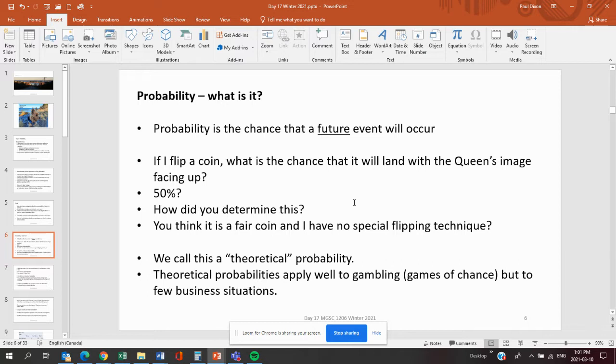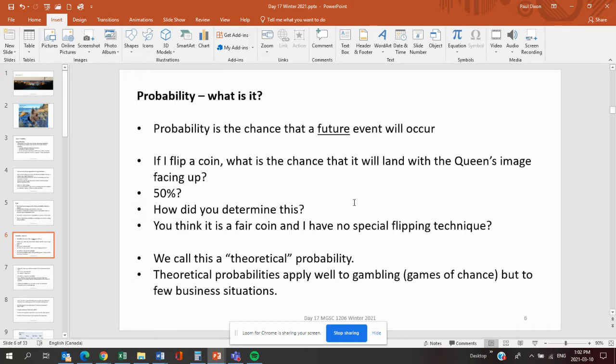Before I move on, this one is important to illustrate why I underlined at the top, a future event. After I flip the coin, catch it, and put it on my hand, I can peek at it and see whether the queen is looking up or not. If we're in the classroom, I'd normally ask the class, what's the chance the queen's face is looking up? Frequently they'll say it's 50-50, because they don't know which side is facing up.